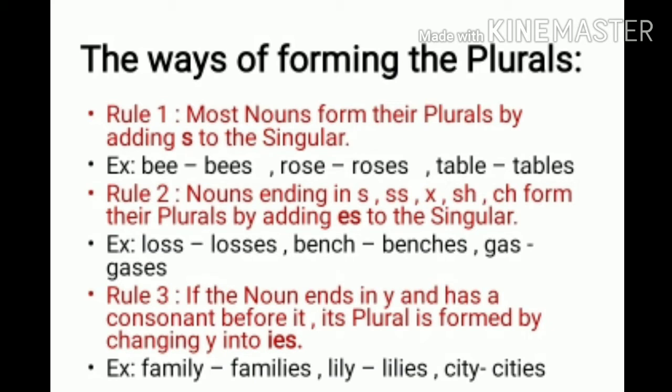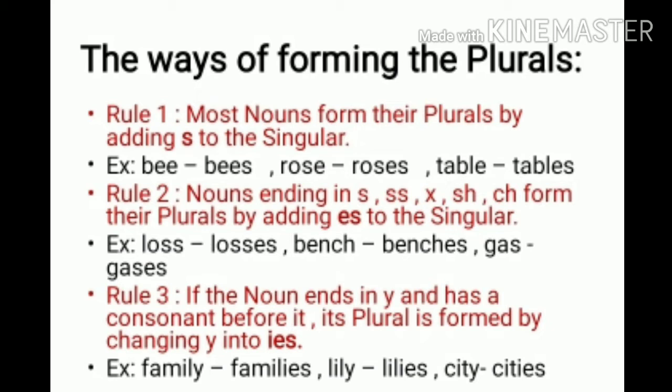One bee, when we add an S, it becomes bees, meaning there are many together. Rose. One is a rose, many will become roses. We add only an S. Table is one. When we add an S, it becomes tables. So this is a simple noun where we just mostly add an S to make it a plural.